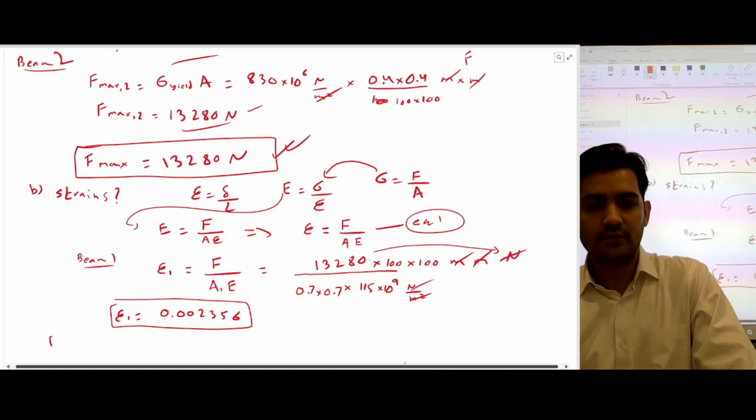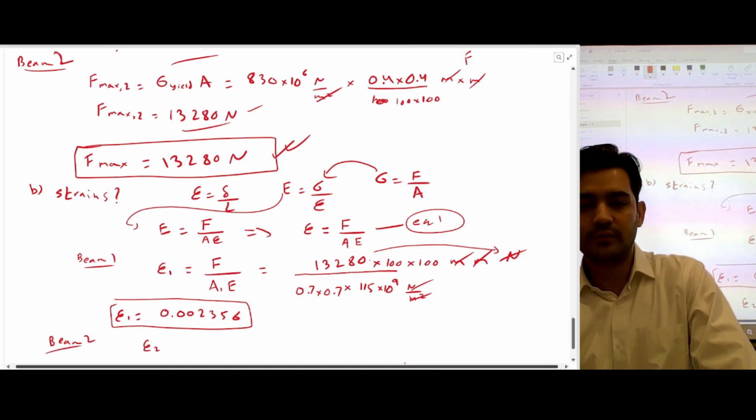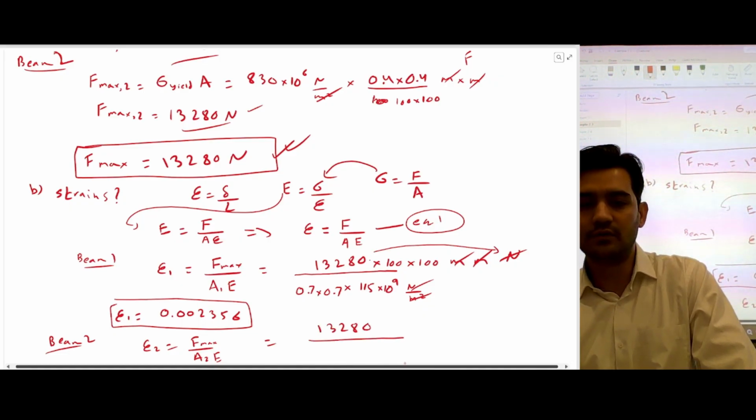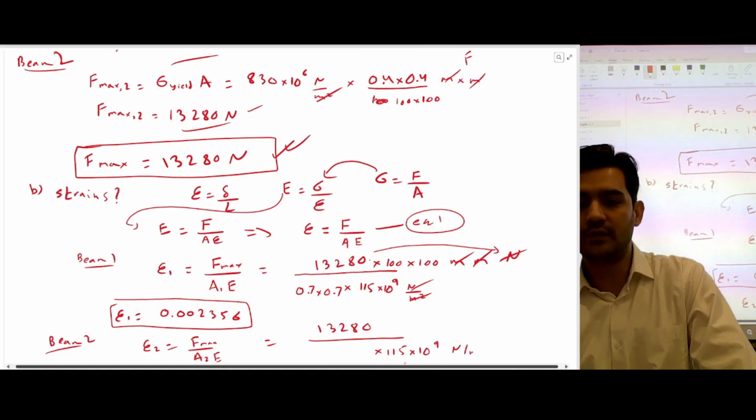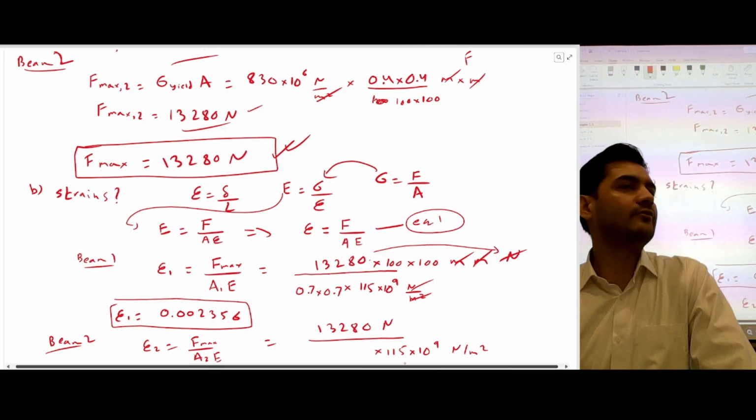Now you can calculate for beam 2. The strain for beam 2 would be equal to force divided by A into E. So that's the maximum force. The maximum force is 13280, and the modulus of elasticity is 115 into 10 raised to the power 9 Newton per meter square. This is Newton. So what would be the area for beam 2?